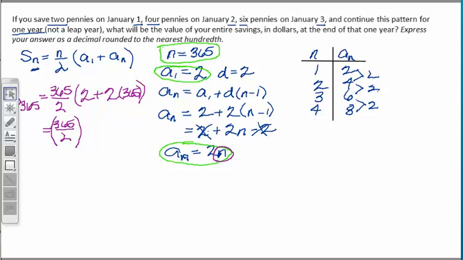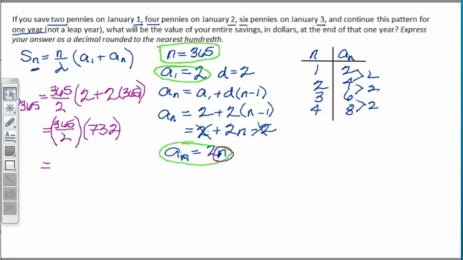Then I put in the answer for 2 plus the product of 2 and 365, and that was 732. So 365 divided by 2, multiplied by 732, everything's in parentheses. It's exactly how I entered it in my calculator, and this is the answer I got.